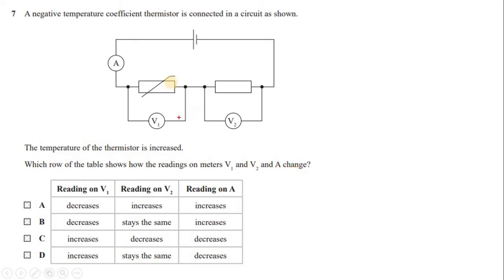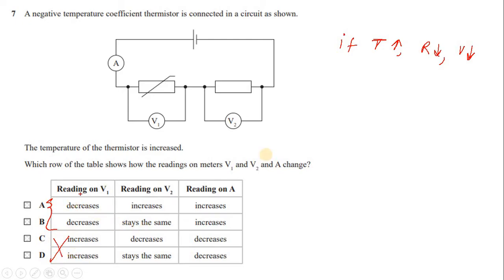Clearly we know that for a thermistor, if temperature is increased, the resistance of the thermistor decreases, causing more electrons to flow. So if temperature is increasing, resistance decreasing, clearly voltage should decrease. So voltage across the thermistor, which is V1, should decrease. If you see the V1 column, A and B are your options. You can ignore C and D, don't waste your time.